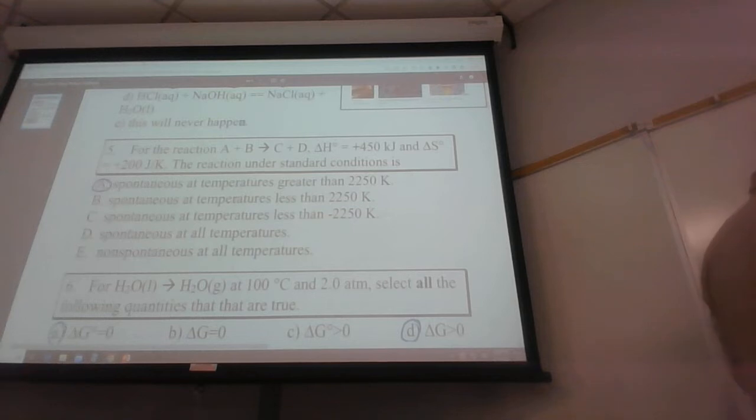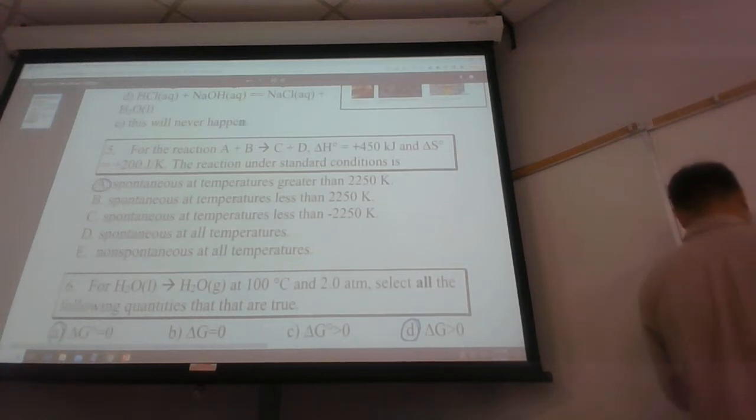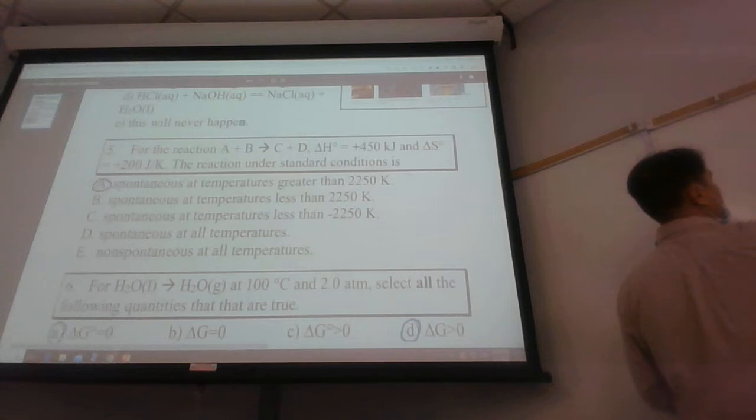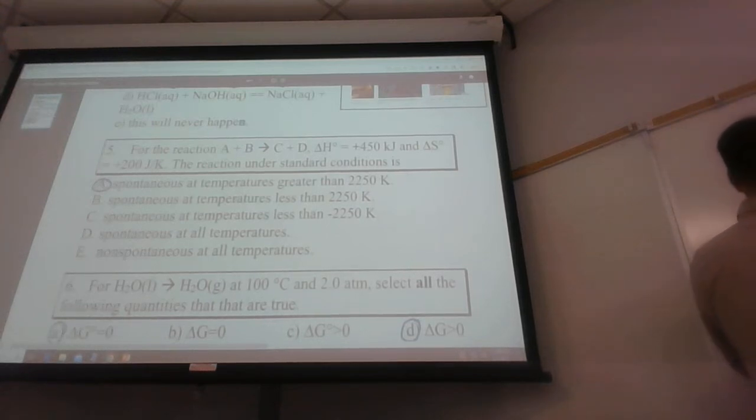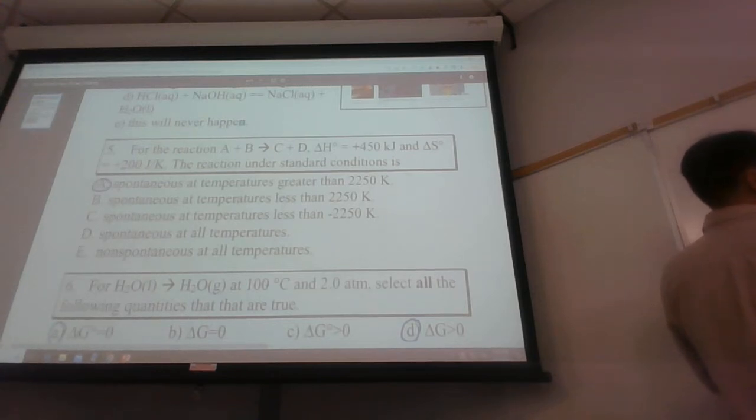And so, let's take a look. Will you guys be able to plug that into the delta G equation? Yeah. Delta G is equal to delta H minus T delta S. And so delta H is unfavorable by 450 kilojoules.